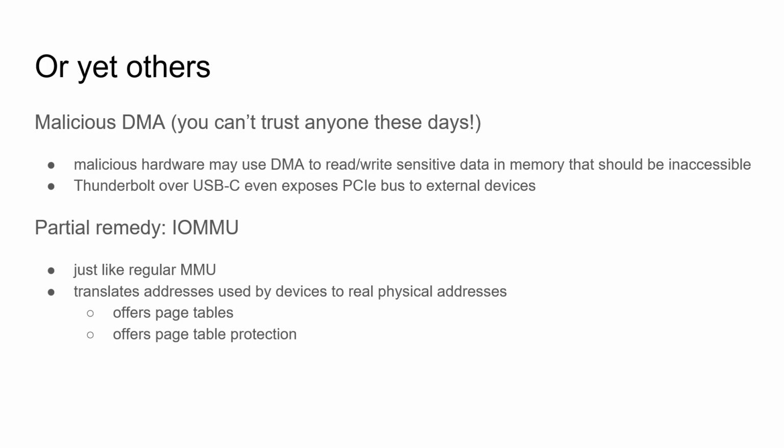We now translate addresses used by the devices to real physical addresses. And it's doing that in roughly the same way. So it has page tables and it offers the equivalent protection, so page table based protection, so that your device can be limited to access only the physical pages that it should have access to, rather than having full access to everything.